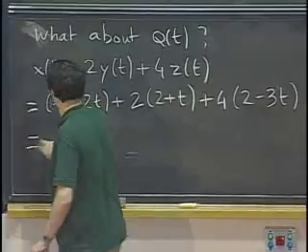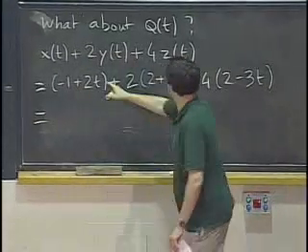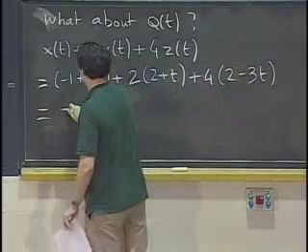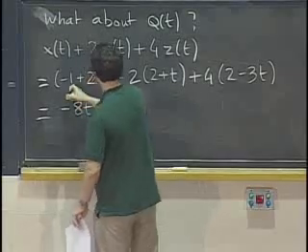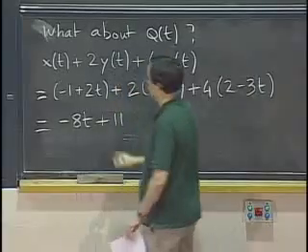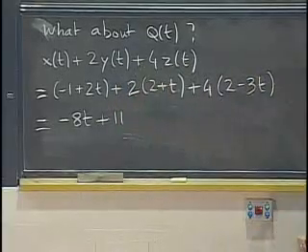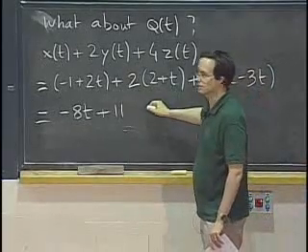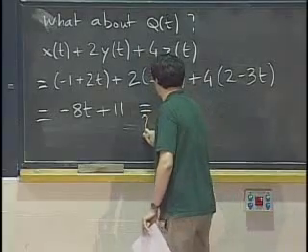So if you simplify this a bit, you get 2t + 2t - 12t. That should be -8t. And the constant term is -1 + 4 + 8, which is 11. Okay, and we have to compare that with 7. Question is, is this ever equal to 7?